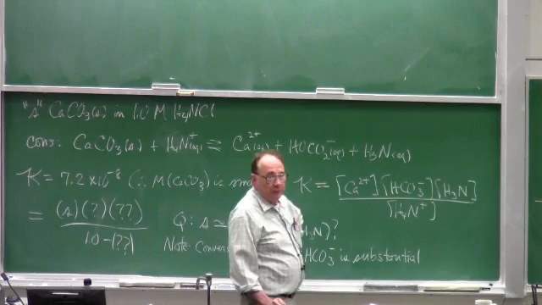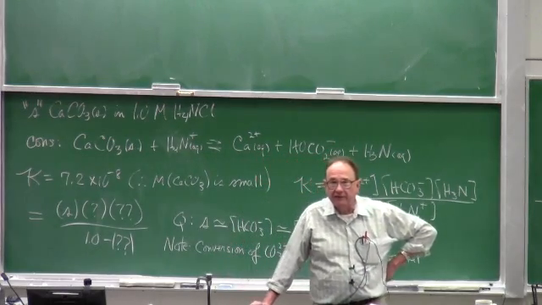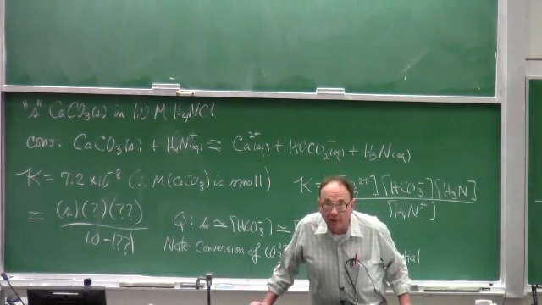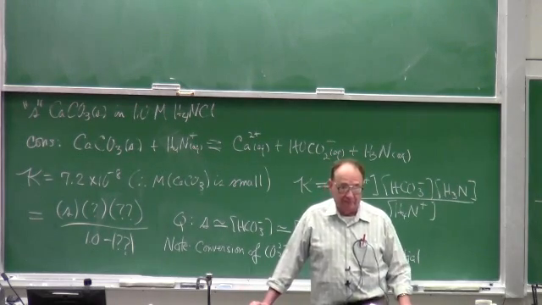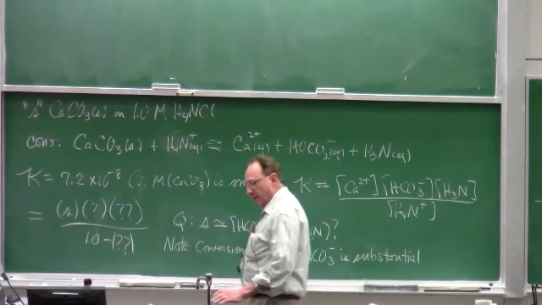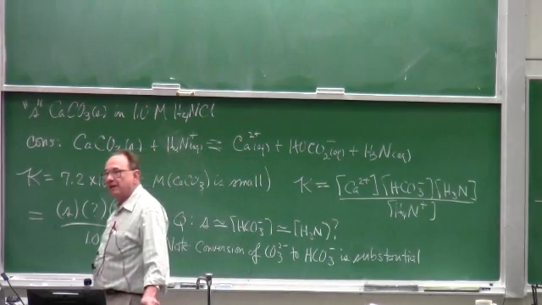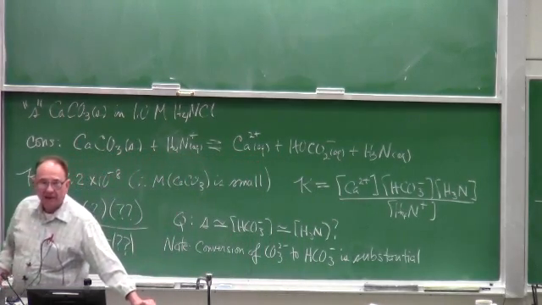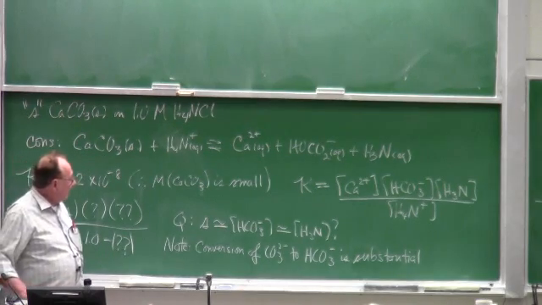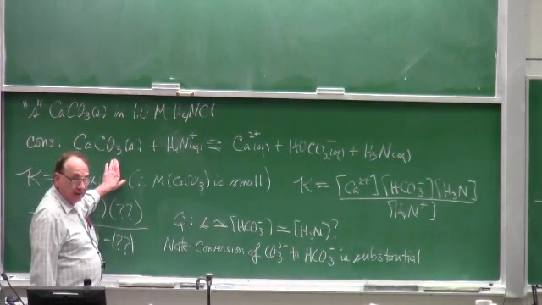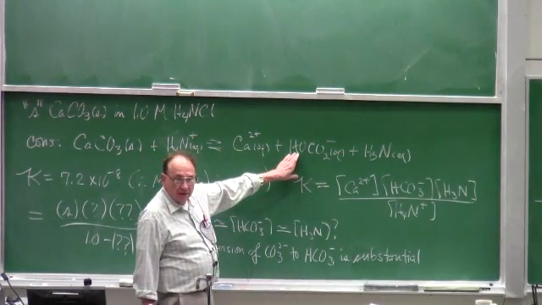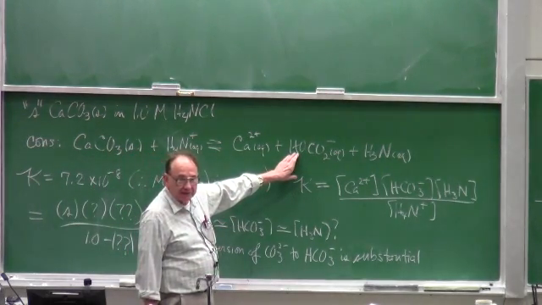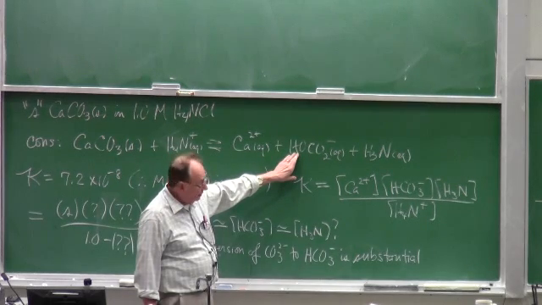Ka ammonium ion, 5.6 times 10 to minus 10, a very tiny value. But Ka water, 1.8 times 10 to minus 16, a much tinier value. So based on these facts, is it reasonable to believe that carbonate ion will convert essentially completely to this? Is that possible? Sure.